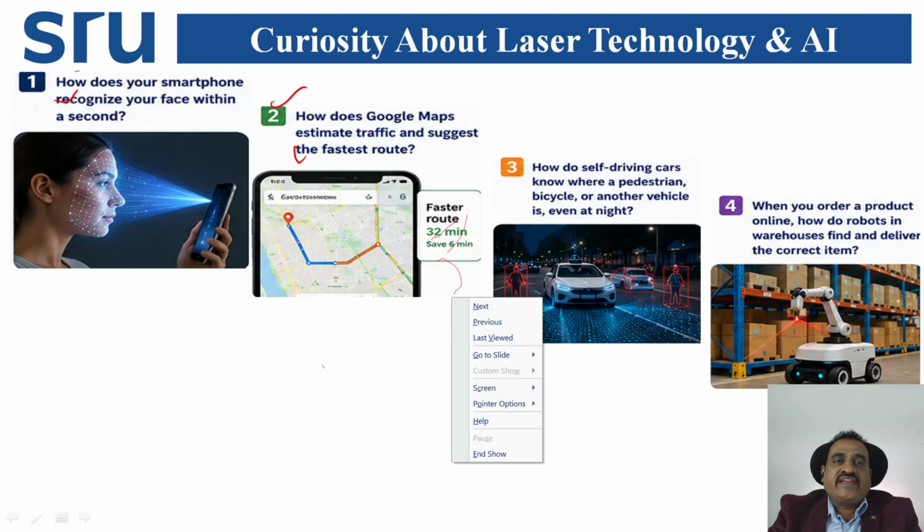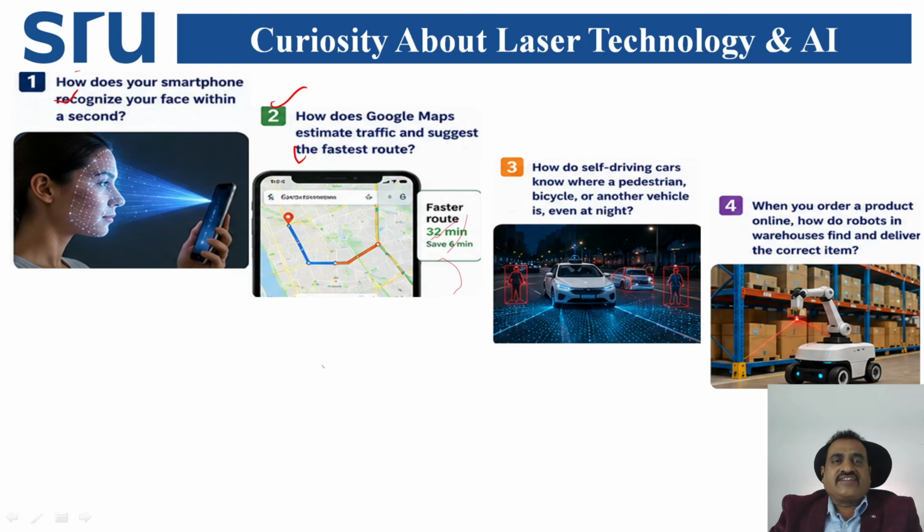So try to understand here. And finally, what would happen if AI and laser technology suddenly disappeared? This question helps us understand that physics is not isolated from modern technology.